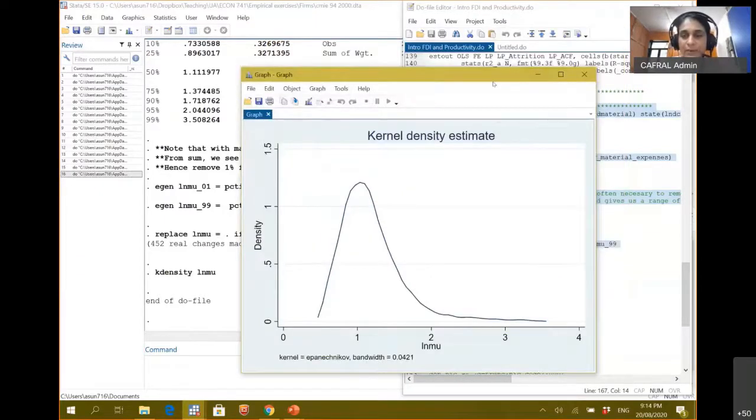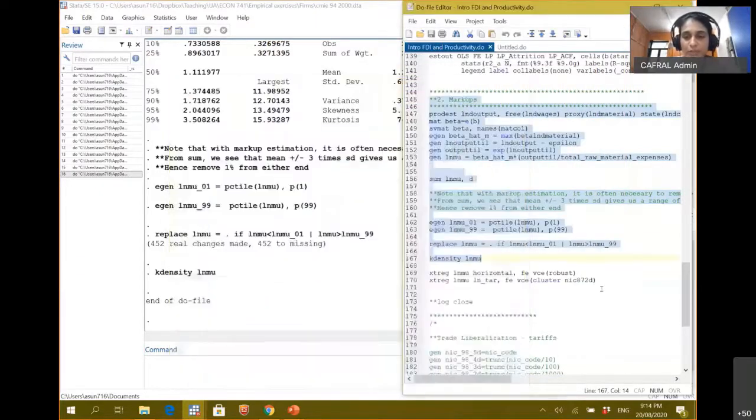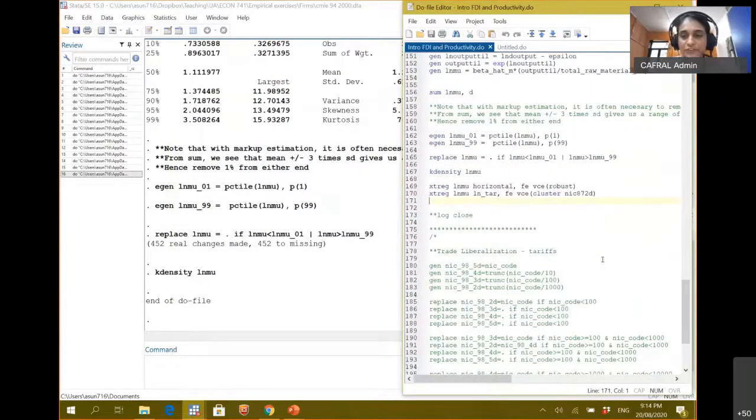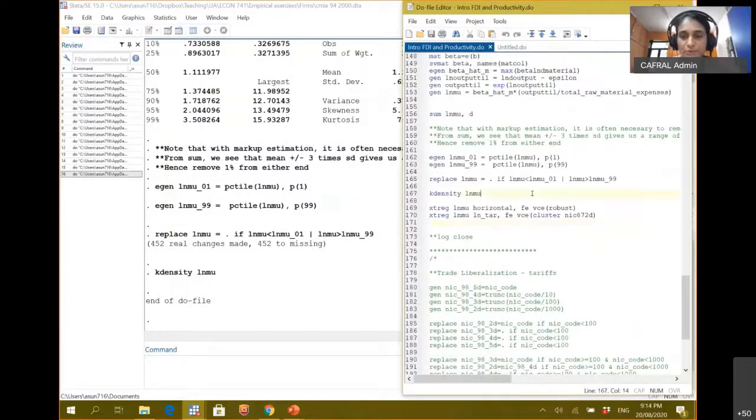And I want to conclude by showing you the impact of tariffs on the markup. Let's think about this a little bit. If you remember, I told you that the revenue-based production function, which is what we have been doing here, because we're using data on output, wages and material expenditure, tends to conflate productivity and markups.